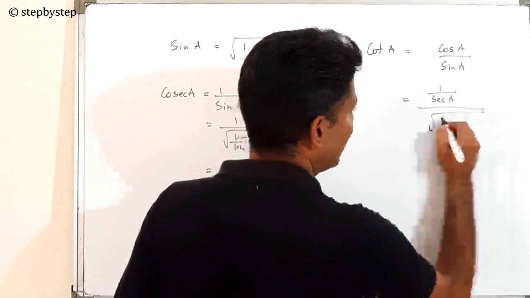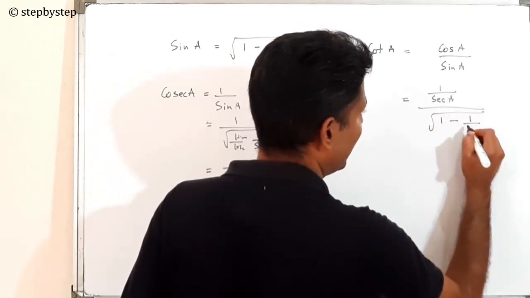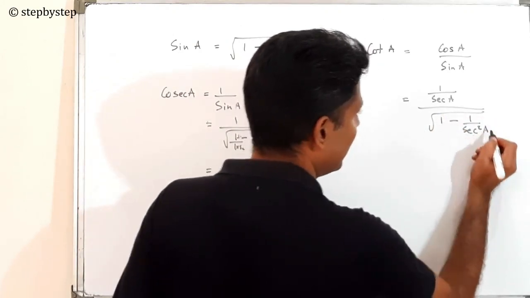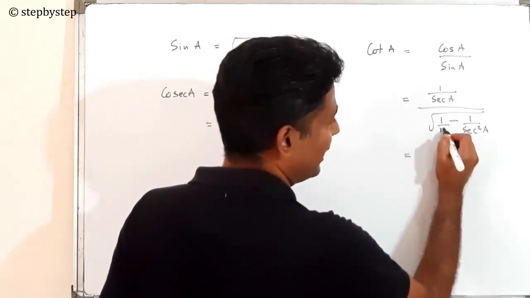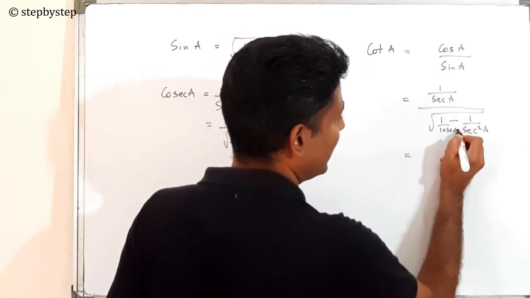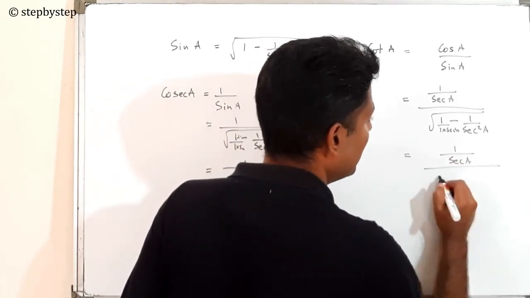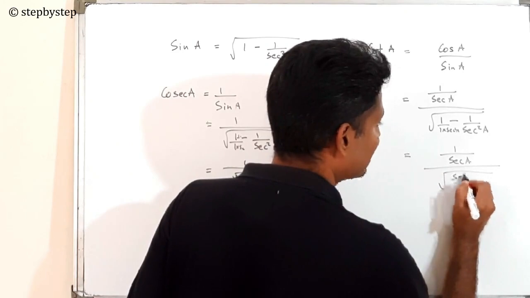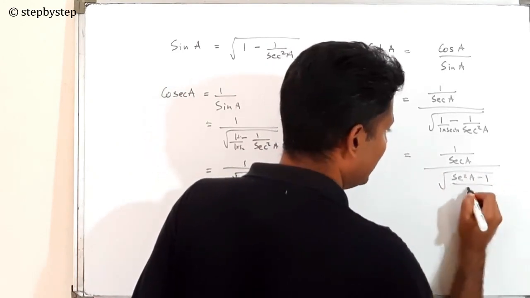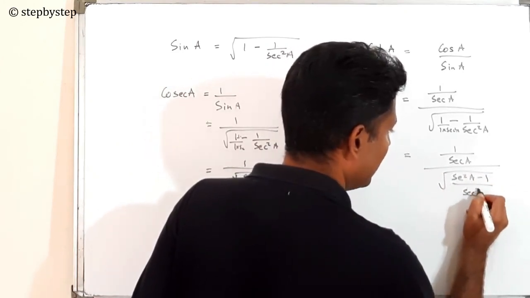So we'll write this as 1 by sec A by root of 1 minus 1 by sec square A. Now if I take LCM again, sec square A into sec square A, I'll get 1 by sec A by root of sec square A minus 1 by sec square A.